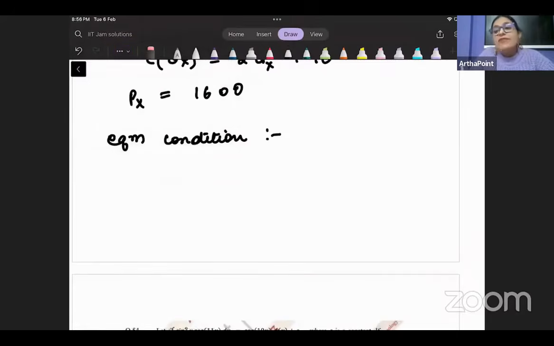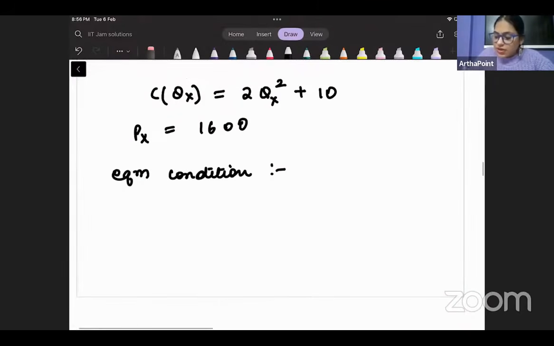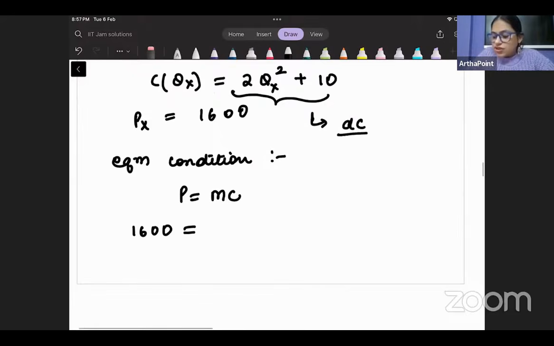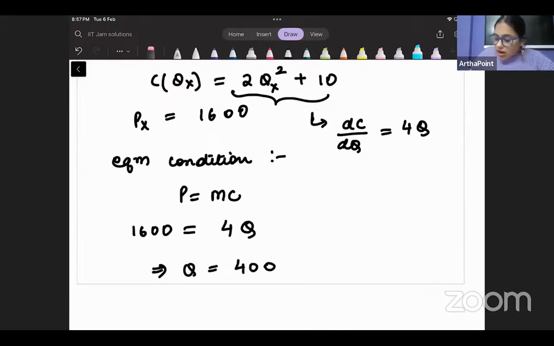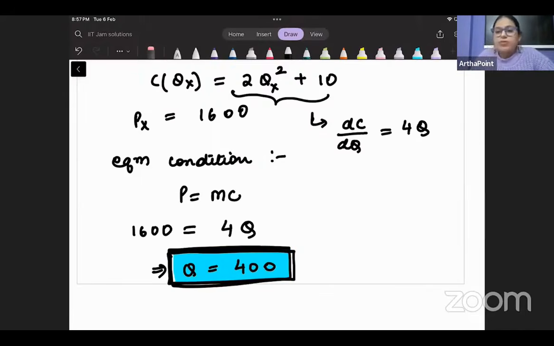So the firm would have attained its equilibrium where it would have equated price equal to MC. So under usual condition, firm would have equated P equal to MC. Price is 1600. What will marginal cost be? When you differentiate the cost function, you will get marginal cost as 4Q. So 4Q equals 1600, which means Q will come out as 400. So under the usual condition, your equilibrium output will be 400.